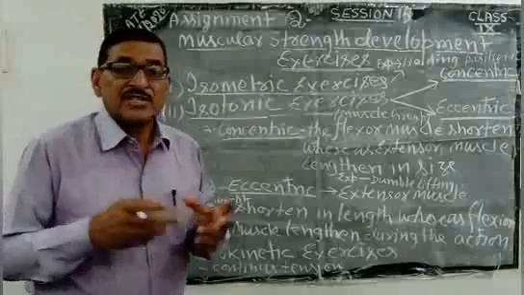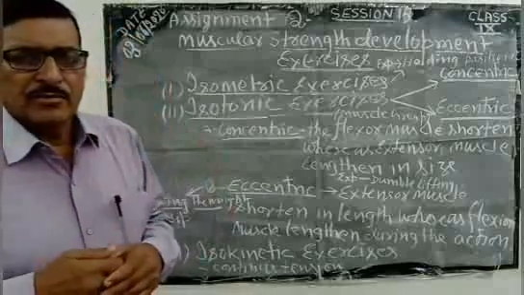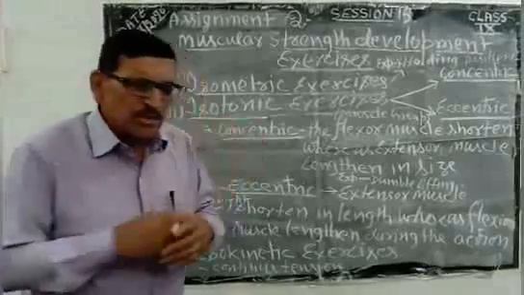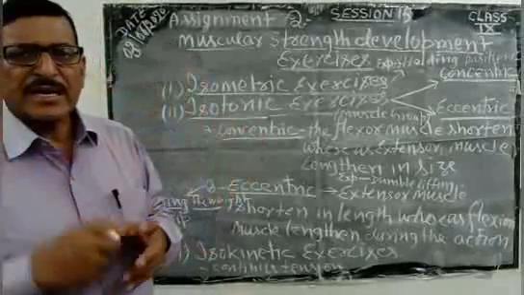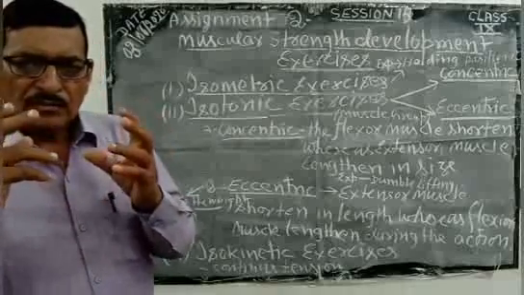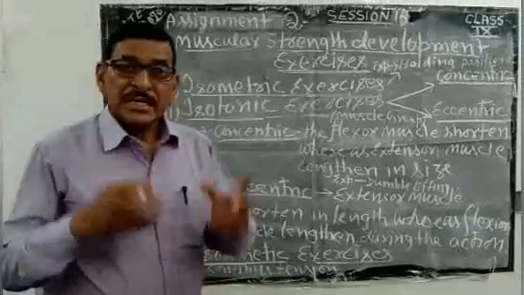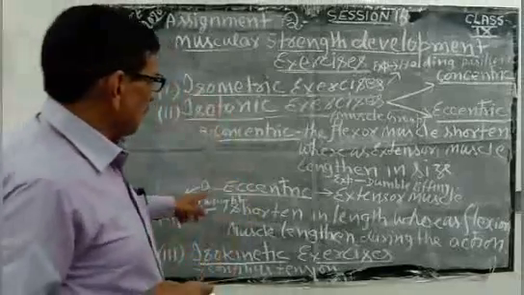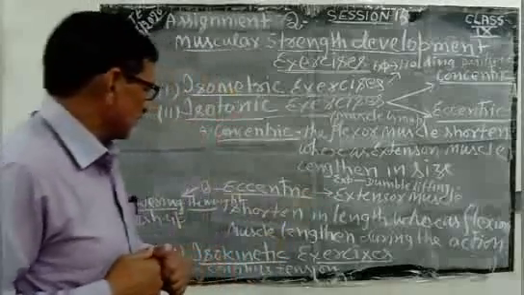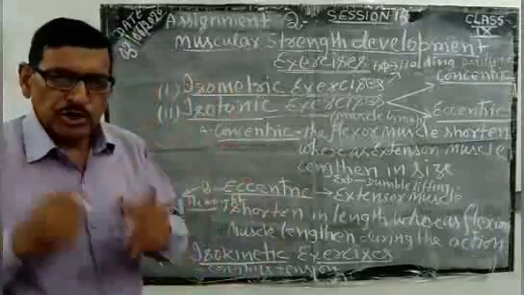That means extensor muscle contract, whereas the flexion muscle lengthen. That means flexor muscle relax. The best example of eccentric exercise, that will be lowering the weight and push-up.